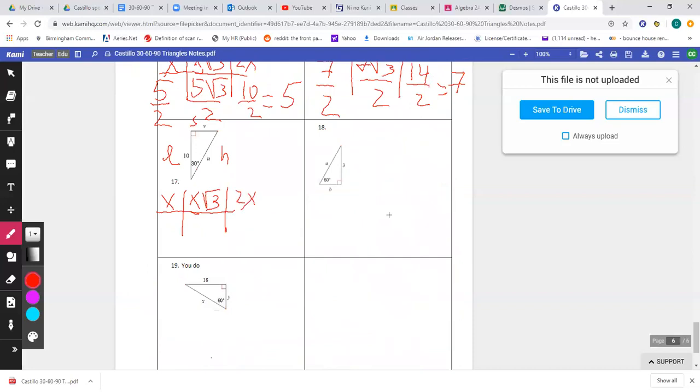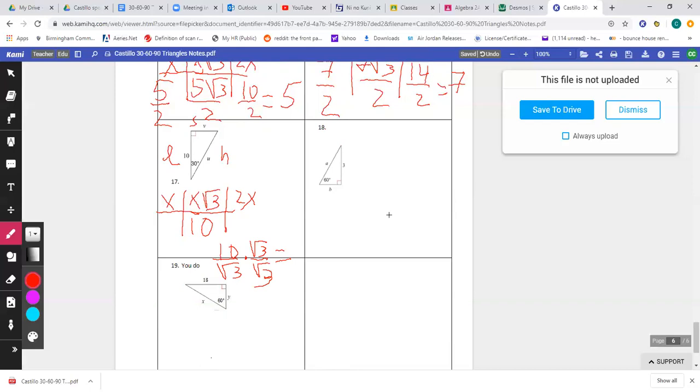So once again here, they give you that this is 10. So this is the one where you have to work. To go from here to get back to your short leg, we have to divide by √3. And remember, when you do that, you have to rationalize it by multiplying the top and the bottom by √3.